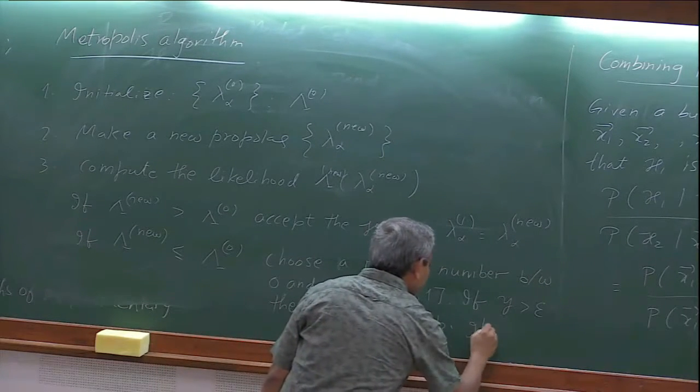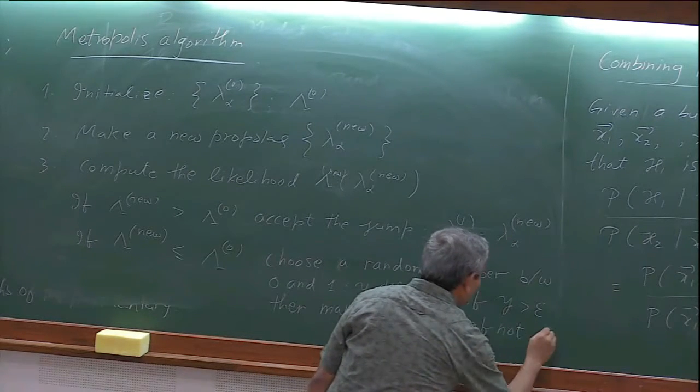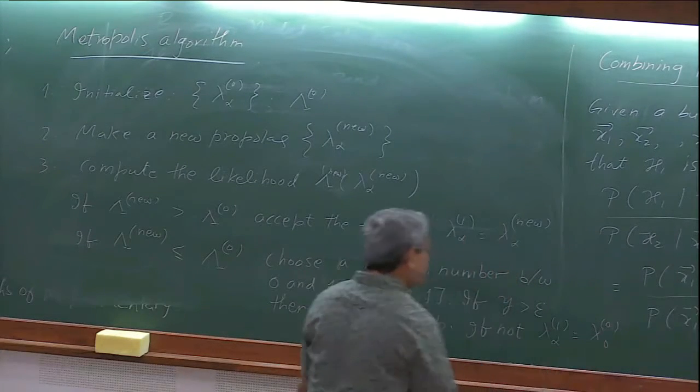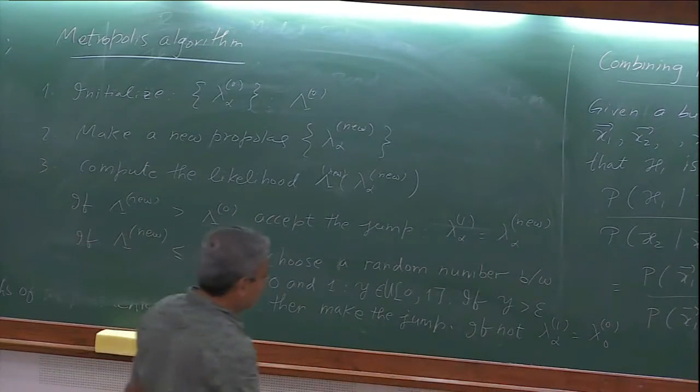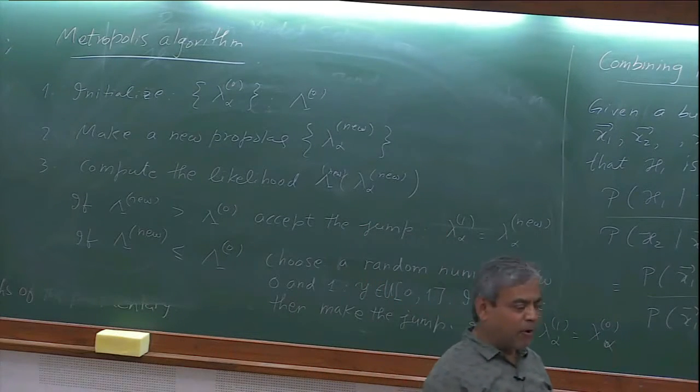If not, lambda alpha 1 is lambda alpha 0. In other words, you remain at the same point.